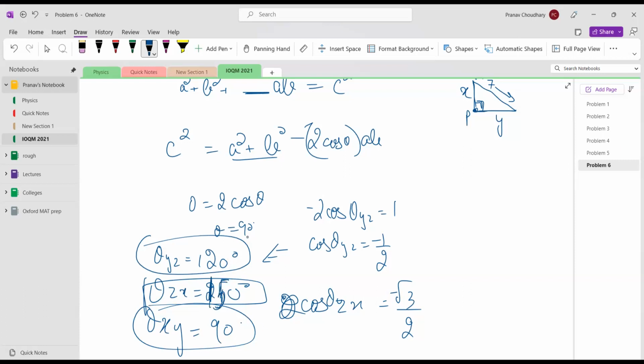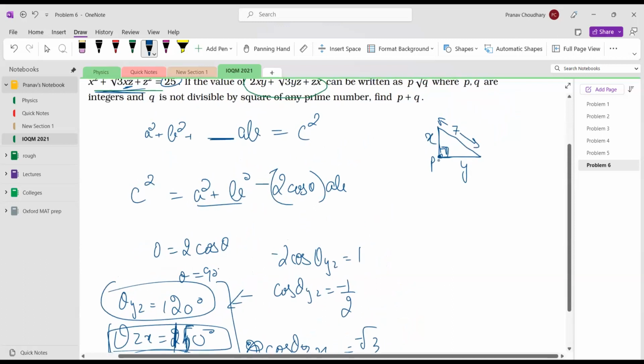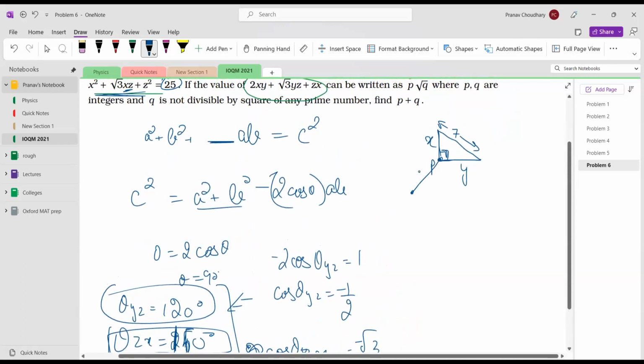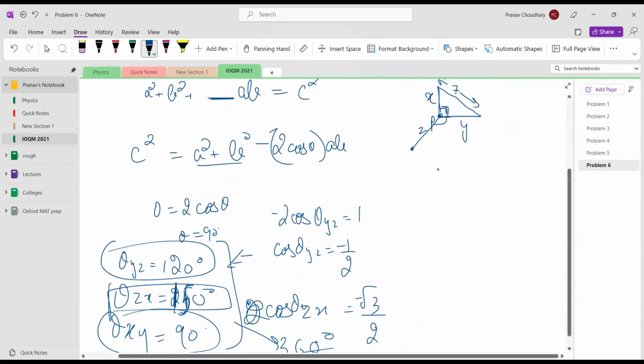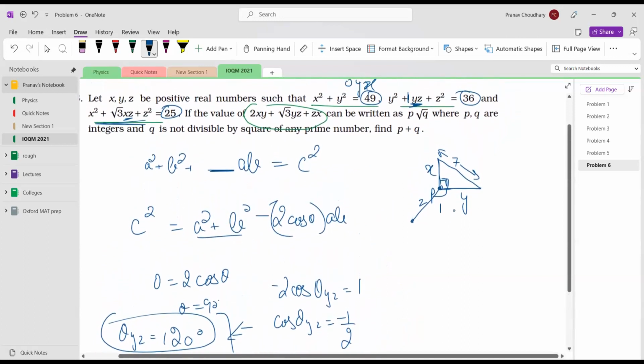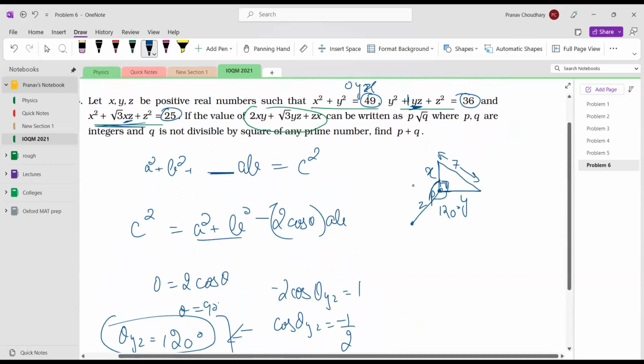Observe that these three angles add up to 360 degrees. Which means if I draw a length Z here, this angle I know is 120 degrees. Then this angle 150 degrees, and this satisfies that angles about a point add up to 360 degrees, right?